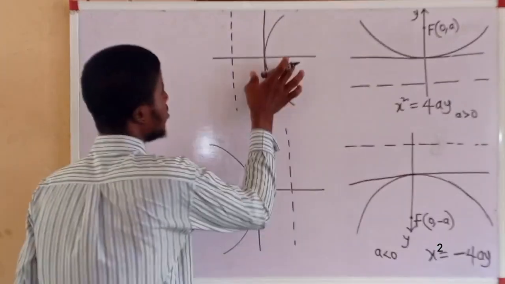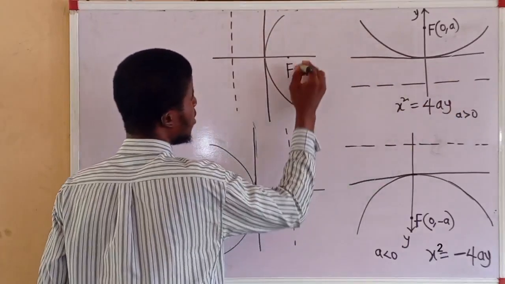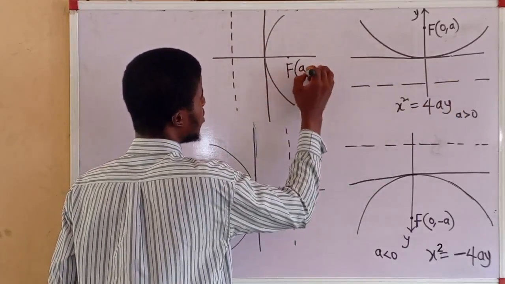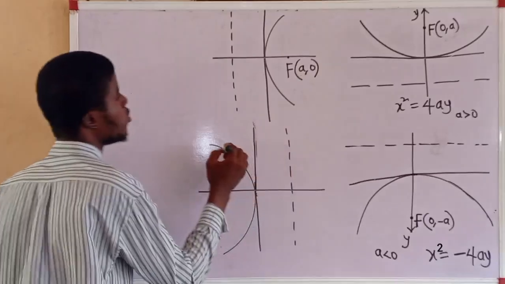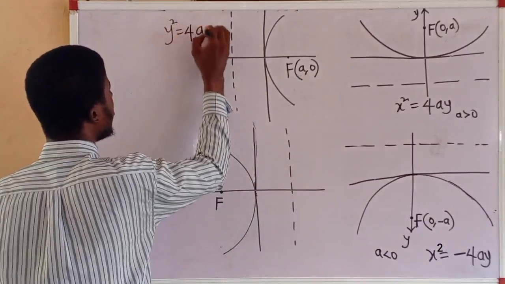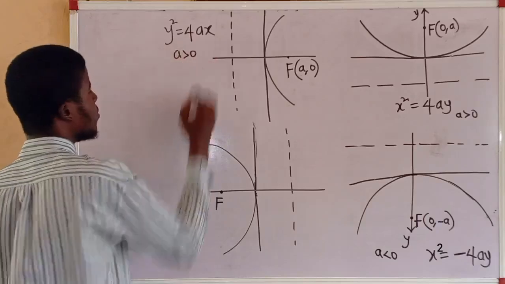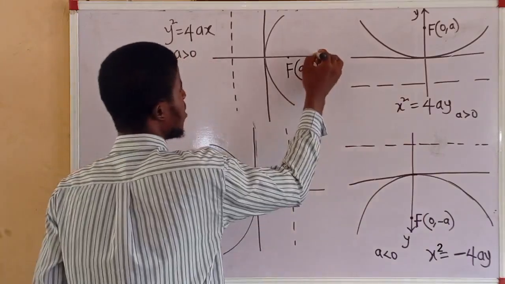Remember what we said about this? When the parabola opens to the right, the focus is at a, 0. And we said that the equation is y squared equal to 4ax, because a is positive, greater than 0. This is the positive x-axis.